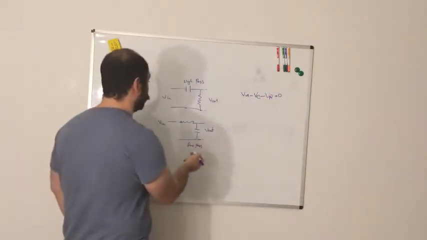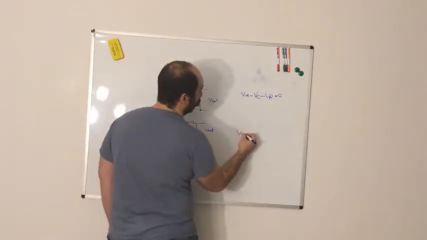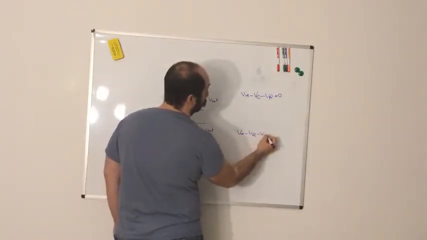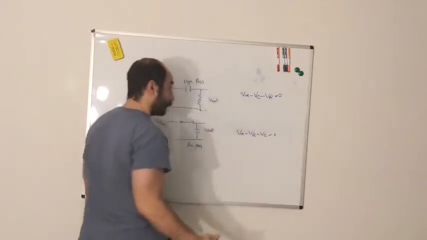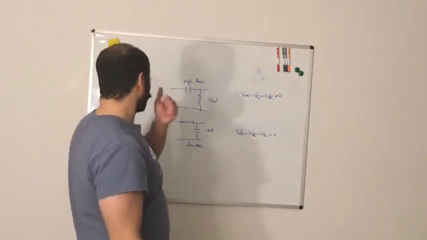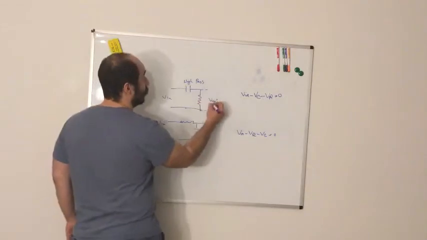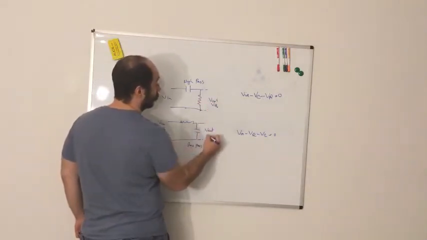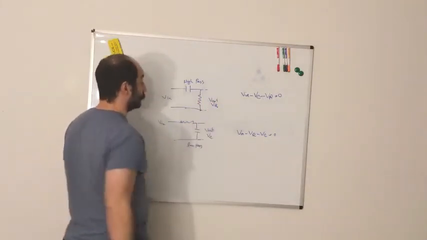Here is the same thing too: V in minus VR minus VC goes to 0. So here your V out is actually your VR, and here your V out is actually your VC.